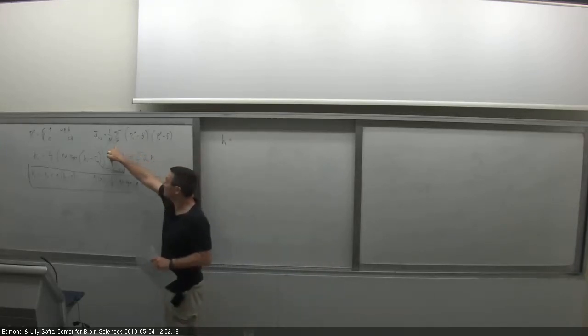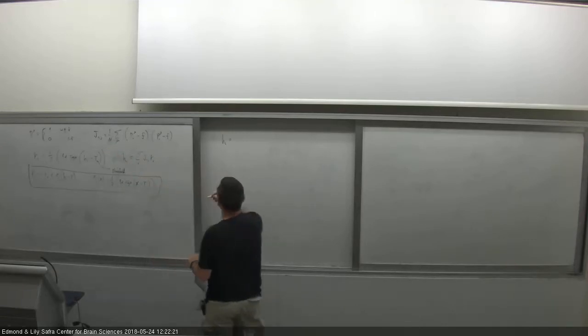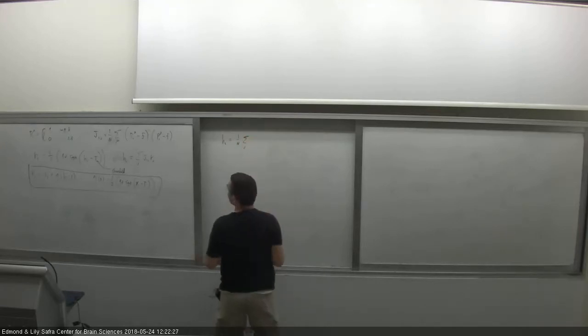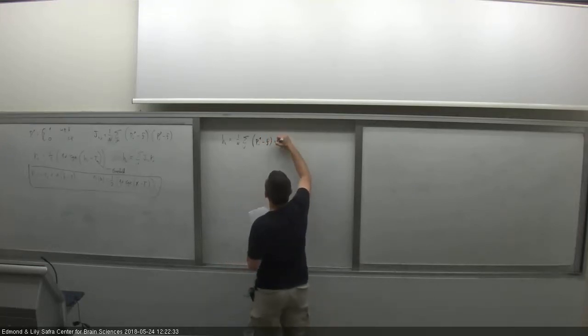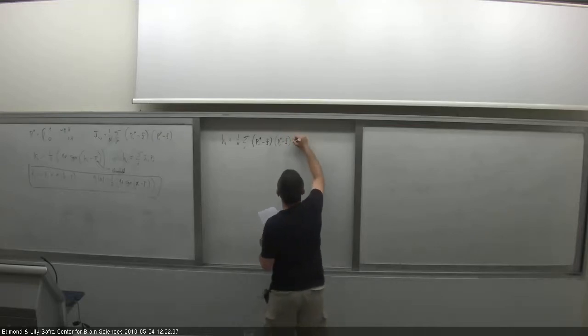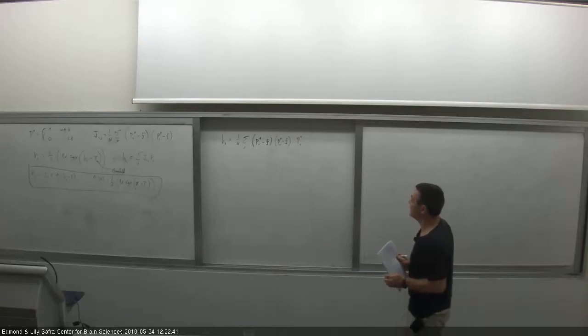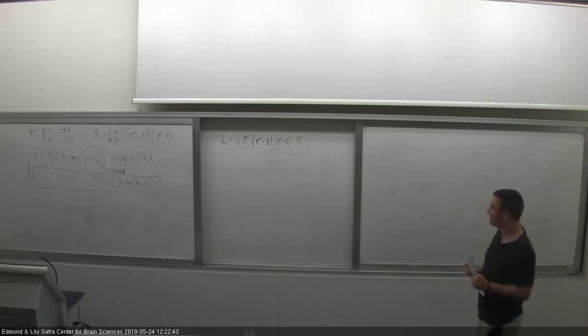One would be the contribution from the first memory pattern, which would be 1 over n, sum over j of (pi1 minus f)(pj1 minus f) times pj1. This would be the contribution from the first term.